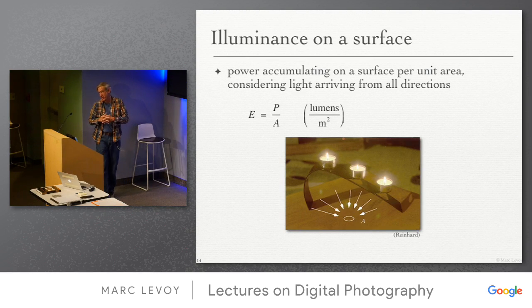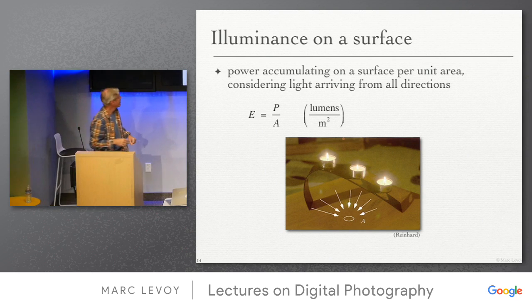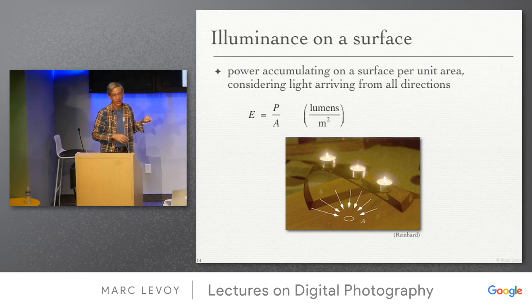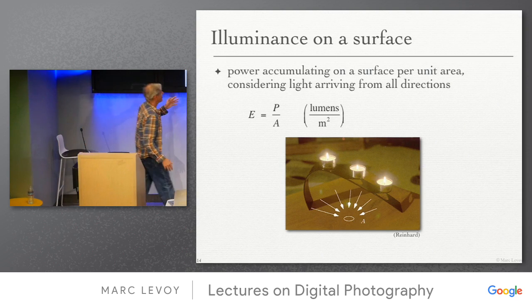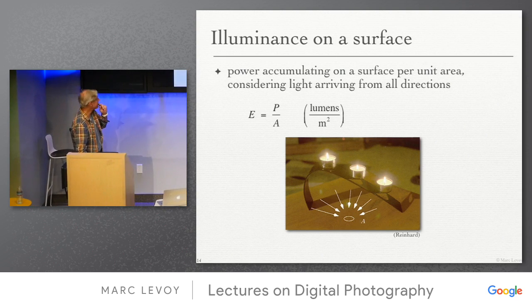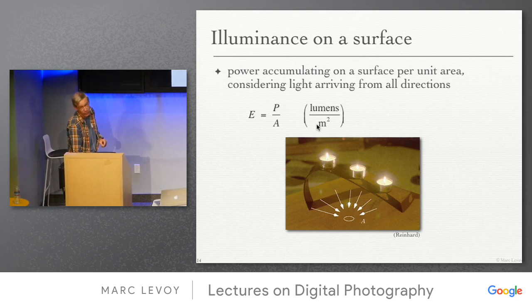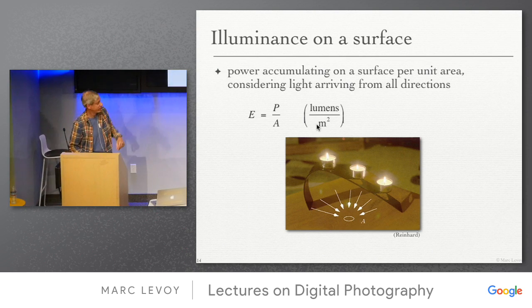One more set of units, which I alluded to already, is the amount of light falling on a surface, regardless of where it's coming from and how it got there. That's just lumens per meter squared. I already computed one of those, and that's called illuminance.